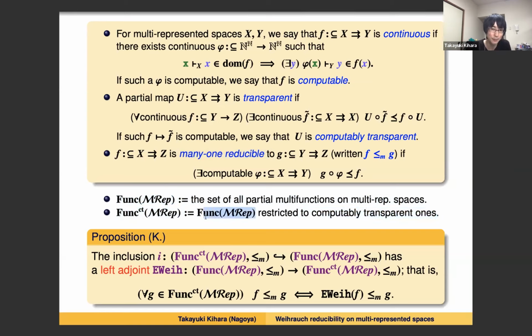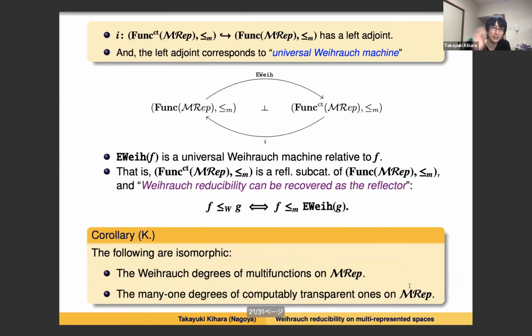Func_CT is a subset of Func, so there is an inclusion. The inclusion from Func_CT to Func has a left adjoint E via, and left adjoint means this.